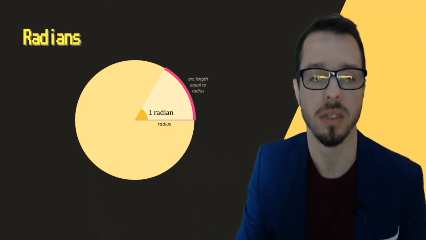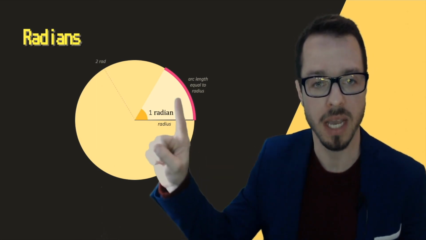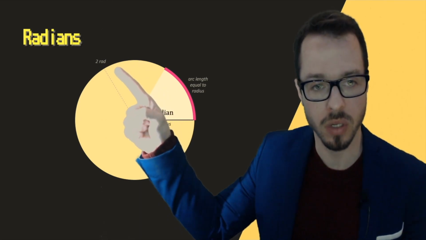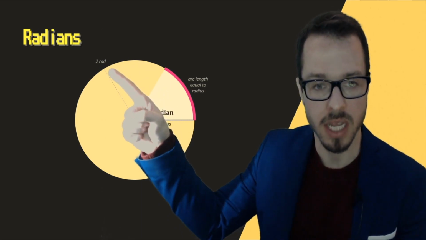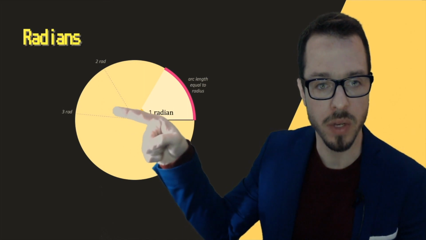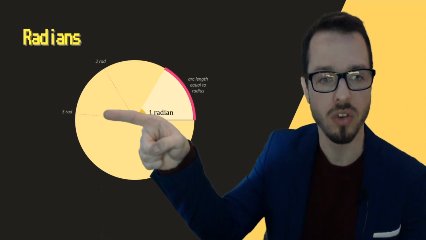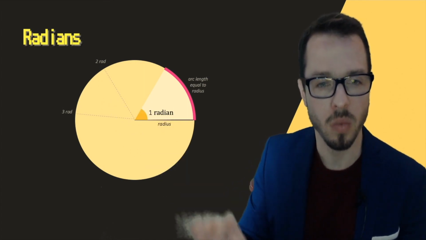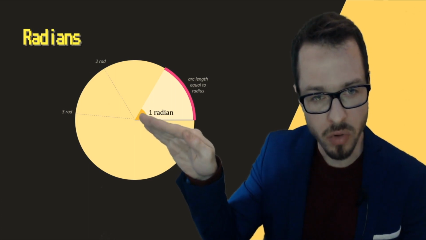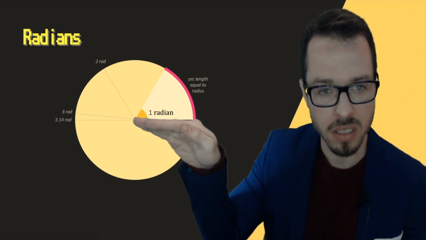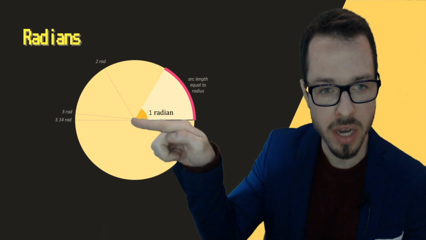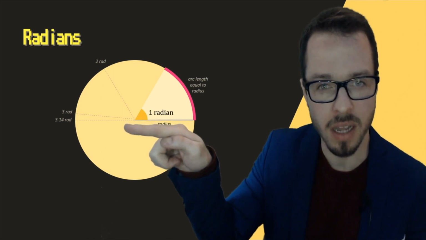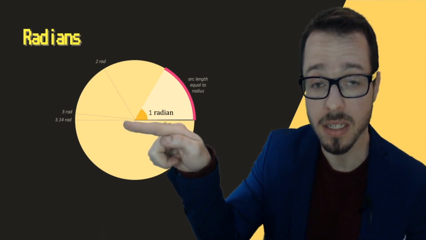If we extrapolate this idea, 2 radians is going to be around here, and 3 radians is going to be right there. So what is the equivalent of our 180 degrees? Well, it's approximately 3.141592 radians.